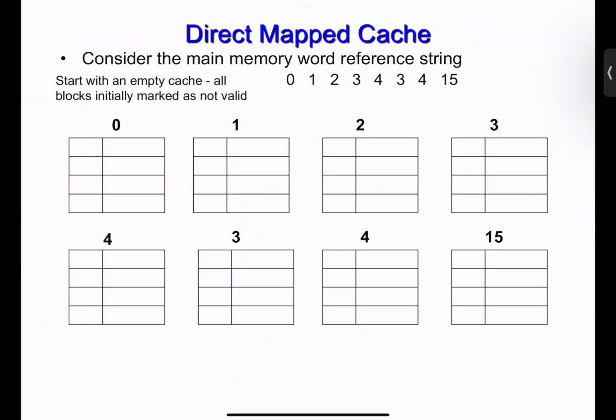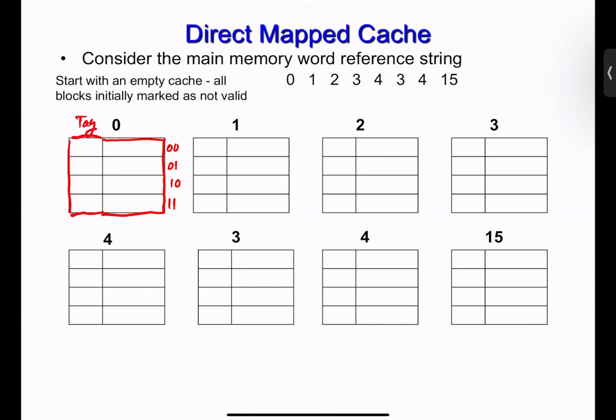Now let's take an example of how we can do the direct map in this particular case. Here is my cache. I have 4 slots: 0 0, 0 1, 1 0, 1 1, and I need only 2 bits to specify 4 different locations. And I will add my tag for each of the locations.